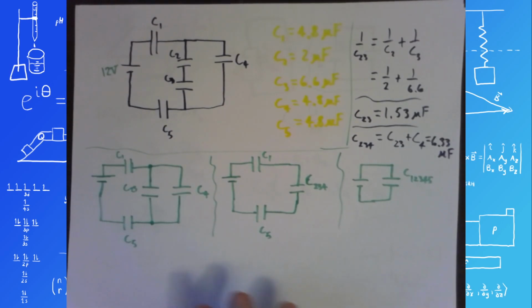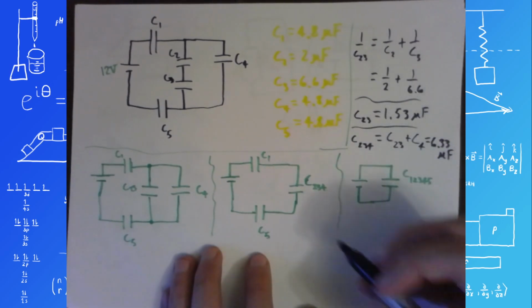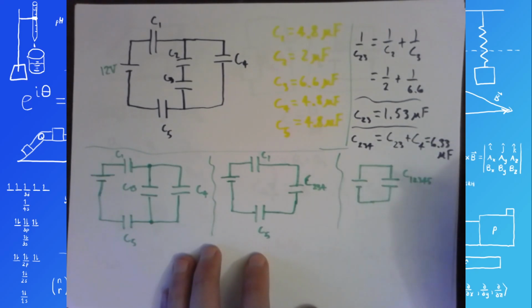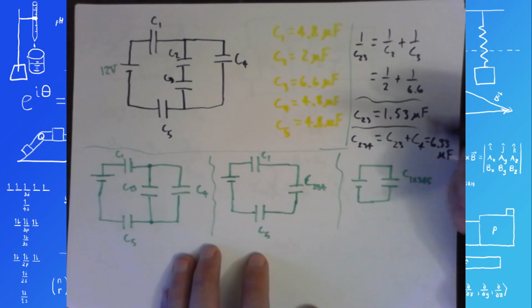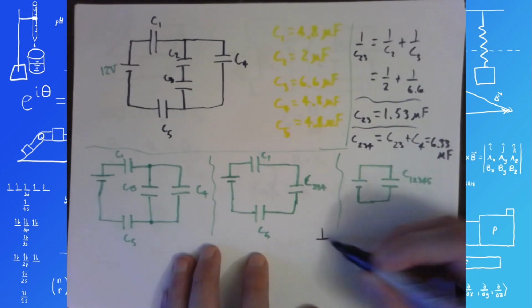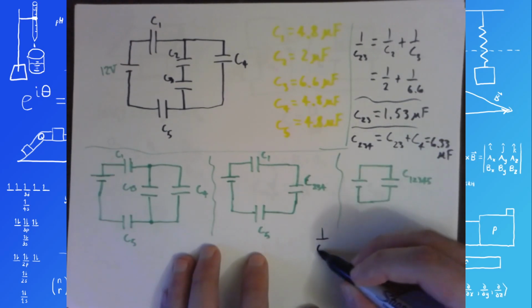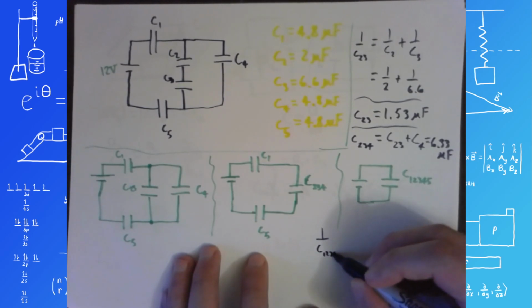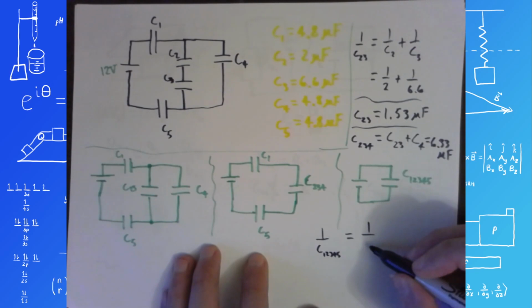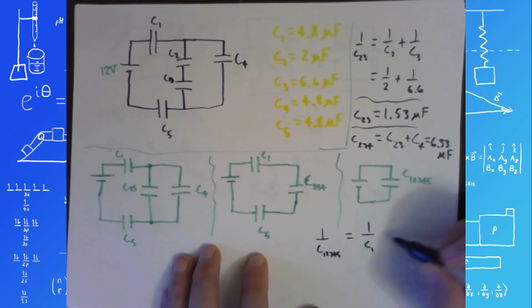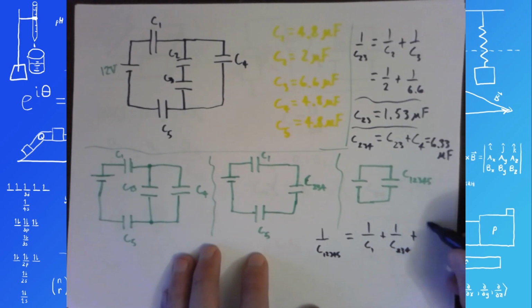Next up is just the final equivalent capacitance, C12345. That is the result of adding these 3 in series. So 1 over C12345 is equal to 1 over C1 plus 1 over C234 plus 1 over C5.